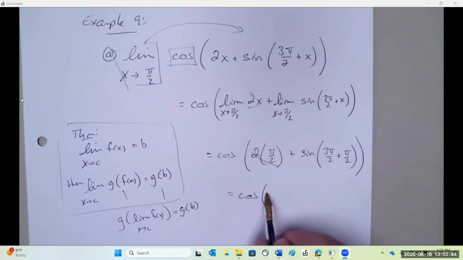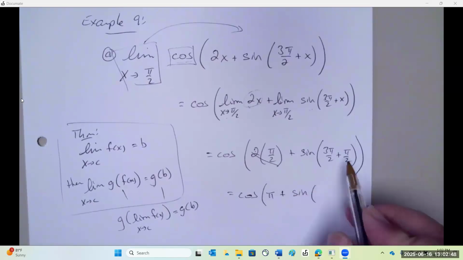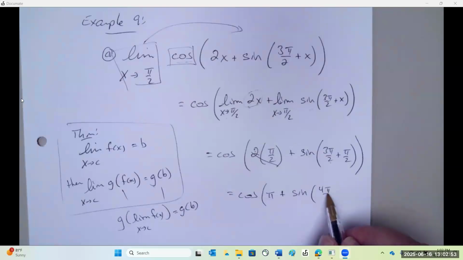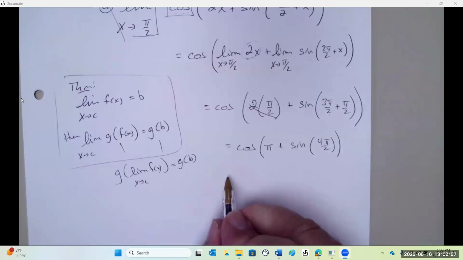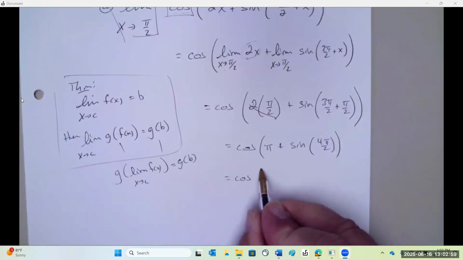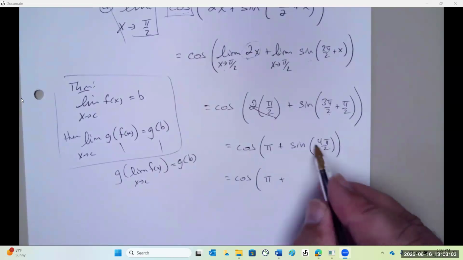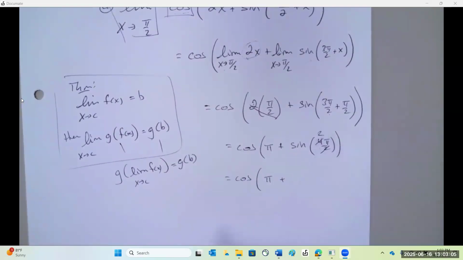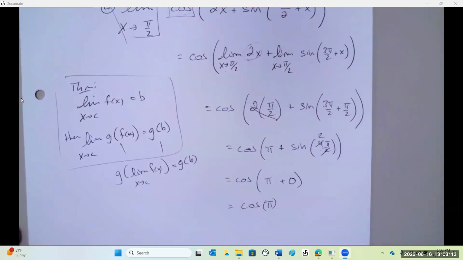The 2's cancel, so it's pi, plus sine of 3 pi over 2 plus pi over 2, which is 4 pi over 2. What is sine of, well, 4 pi over 2 is actually 2 pi. What is sine of 2 pi? 0. So cosine at pi is what?